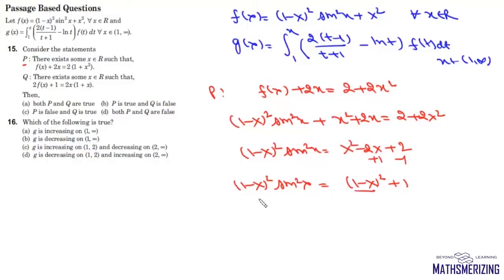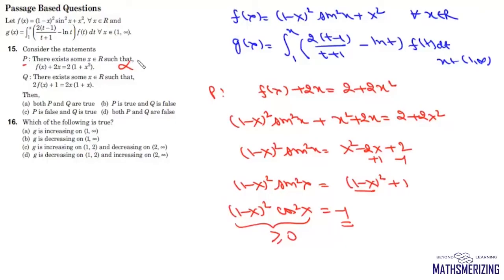Now we'll take (1 − x)² here, so we'll write (1 − x)² (1 − sin²x), which will be cos²x, and this value will be equal to −1. Now since this is the square of some number, it is always greater than or equal to 0, and it can never be equal to −1. So that means the statement P is incorrect. So statement P is false.